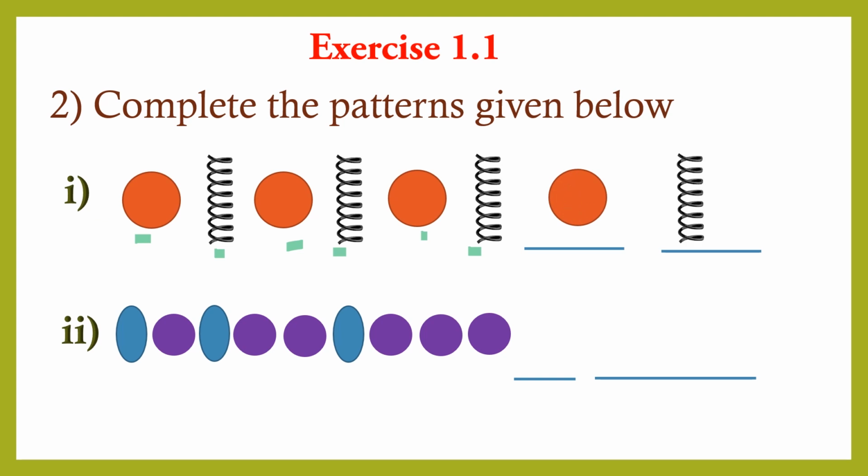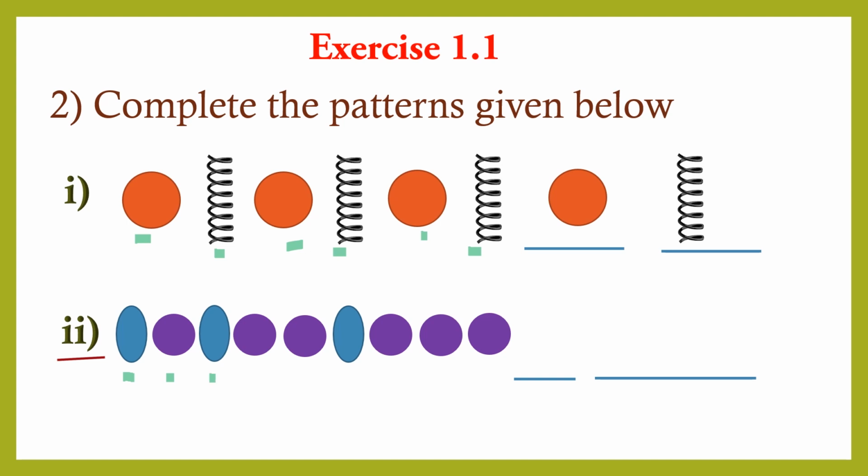Okay. Now see the second one. In this second pattern, it follows two types of pattern. See here, the oval shape follows the repeated pattern and the circle shape follows the growing pattern. First we have one oval shape and one circle shape.